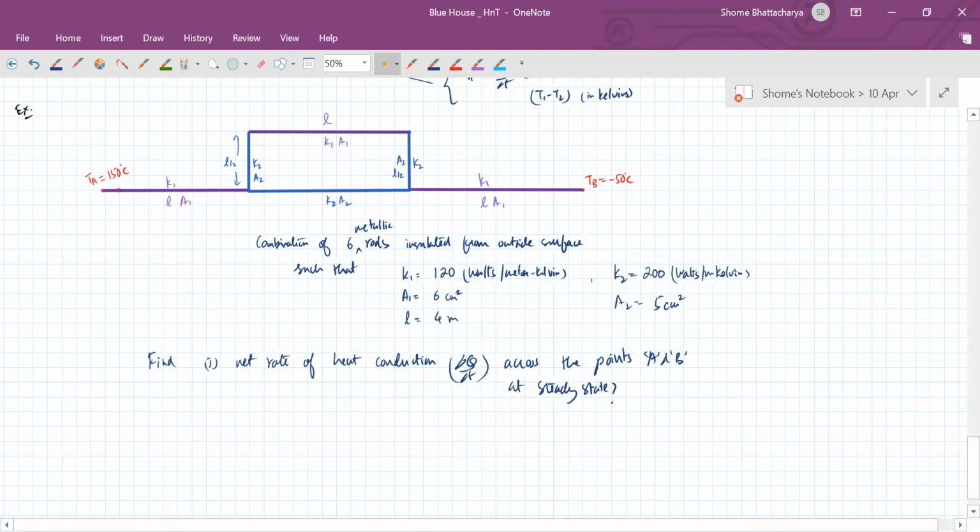Okay. So A is this point here, B is this point here. And let's say we have got another point C over here. So we also want to find the temperature at the point C at steady state.